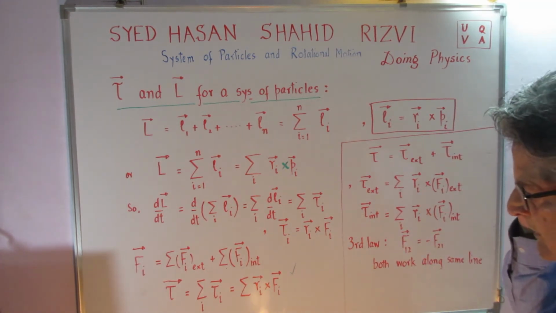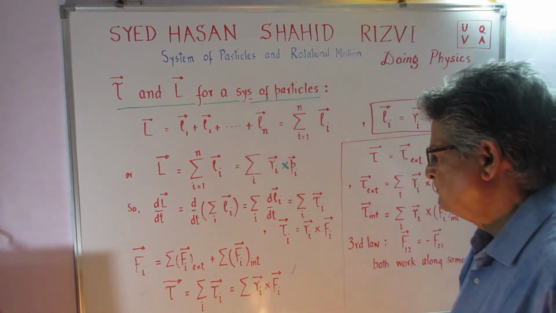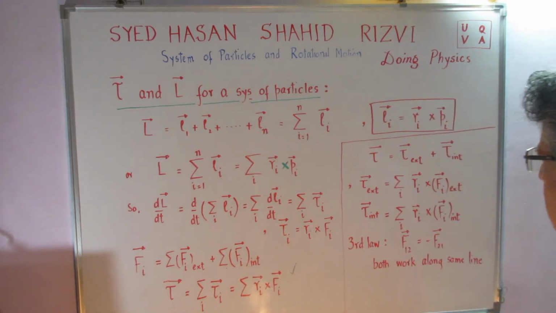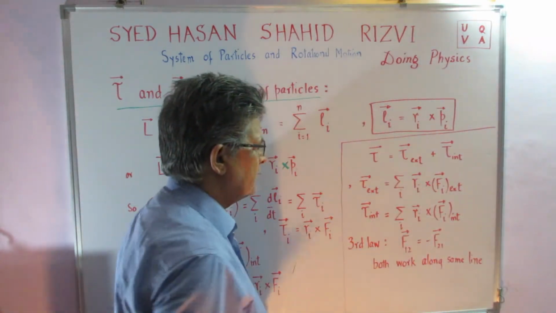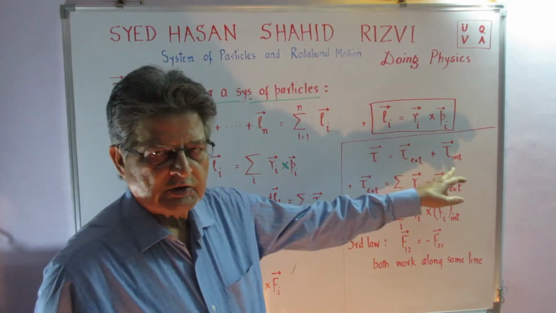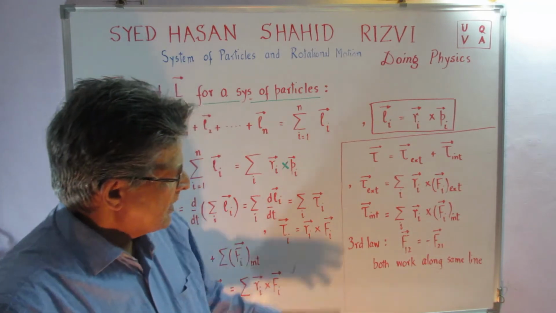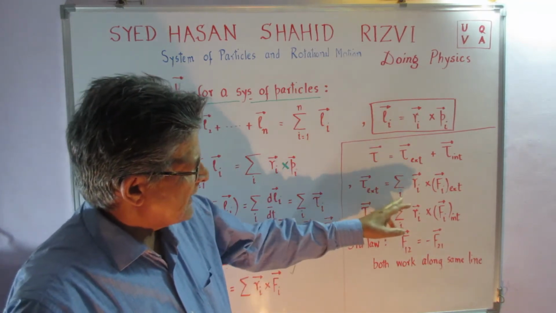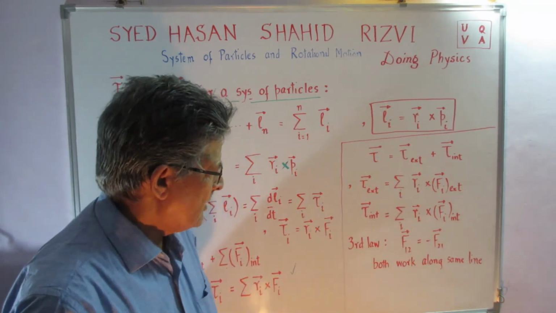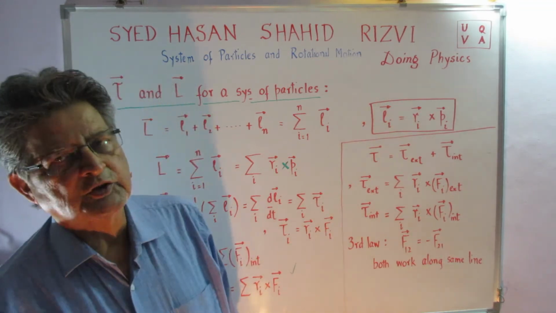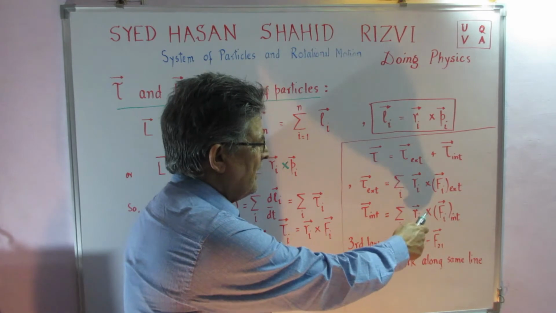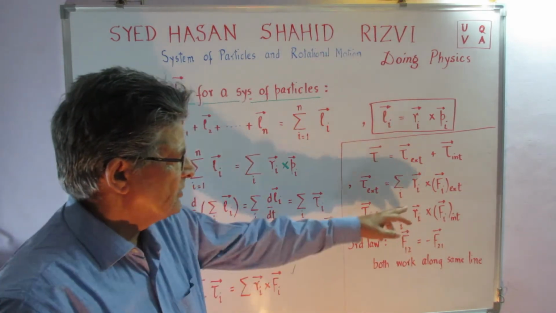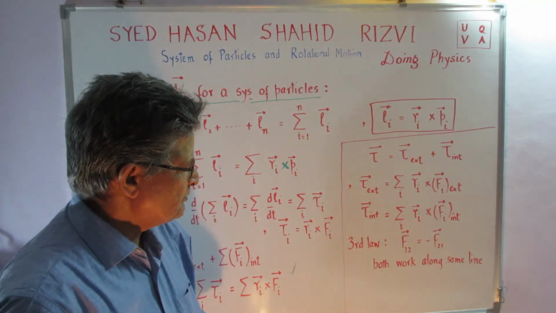Now, like in the case of forces, I write that the total torque on the system is equal to torque external plus torque internal, where torque external is defined as sum of Ri cross Fi external, and the internal one I define as the sum of Ri cross Fi internal.